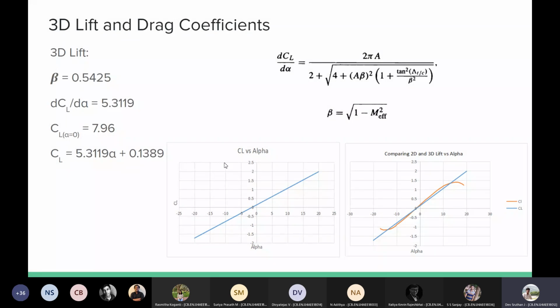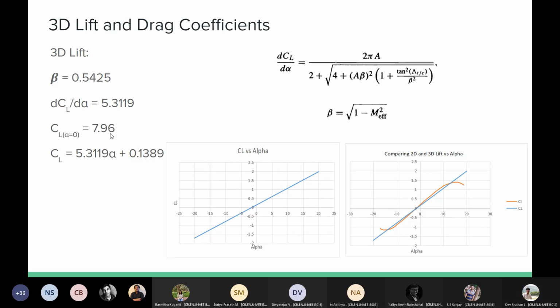Moving on, we found beta using M as 0.84, and dCL by d alpha by substituting it in this formula, we found 5.3119, and CL alpha 0 is minus dCL by d alpha into alpha at 0.